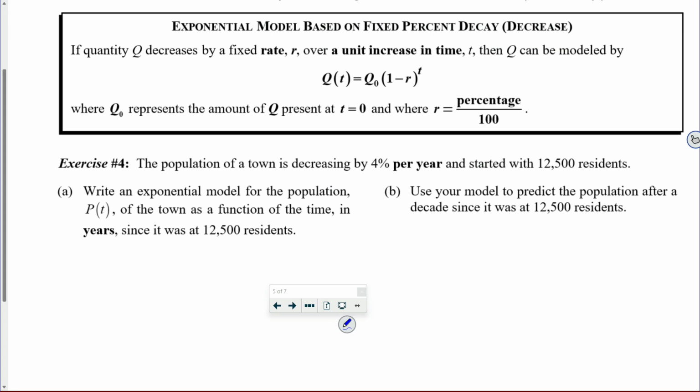Exponential model based on fixed percent decay, parentheses decrease. If quantity Q decreases by a fixed rate R over a unit increase in time t, then Q can be modeled by Q of t equals Q of 0 times 1 minus R to the t, where Q of 0 represents the amount of Q present at t equals 0, and where R equals the percentage divided by 100.